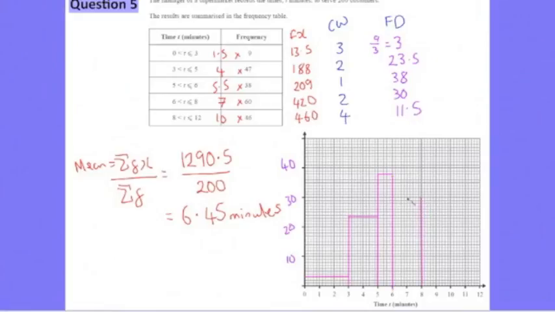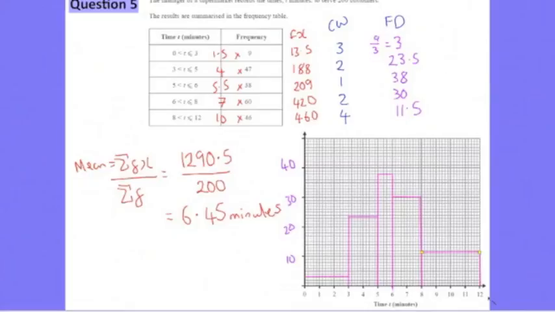Join across here. And then lastly here, from 8 all the way to 12, up to 11.5. 10, 11, and then halfway, 0.5. Connecting these now, we have a completed histogram.